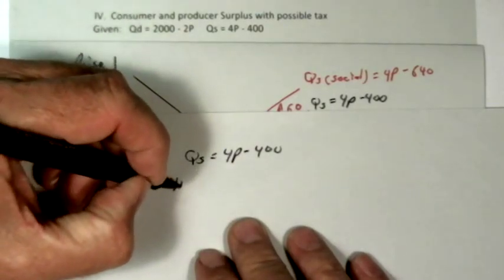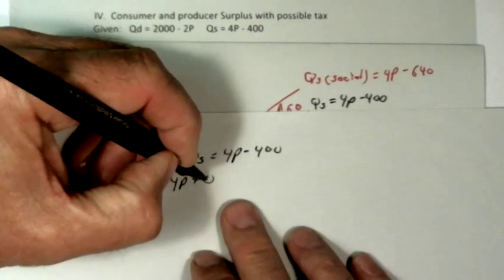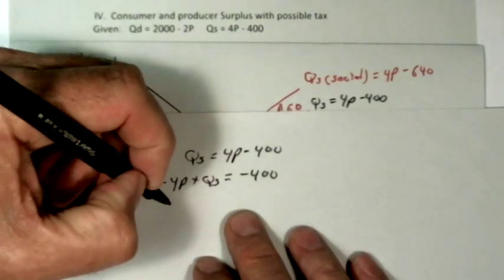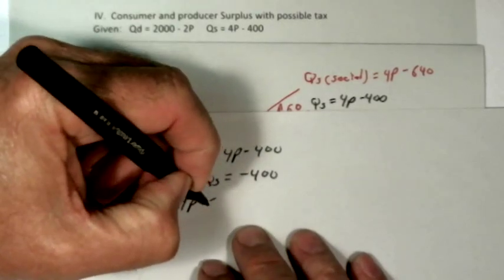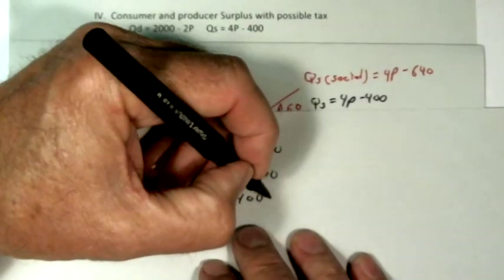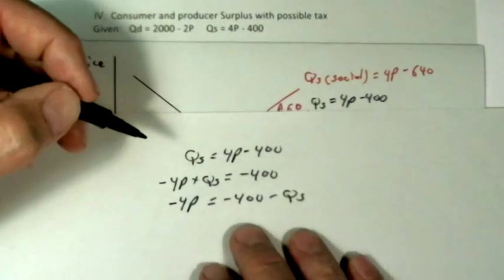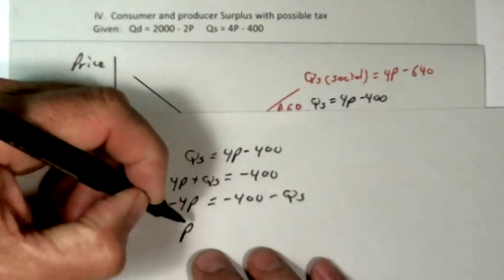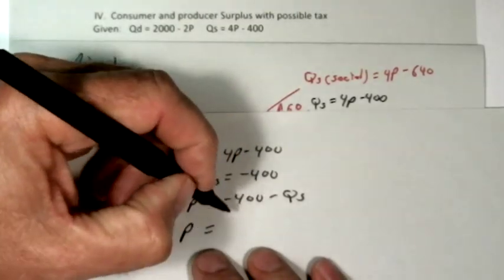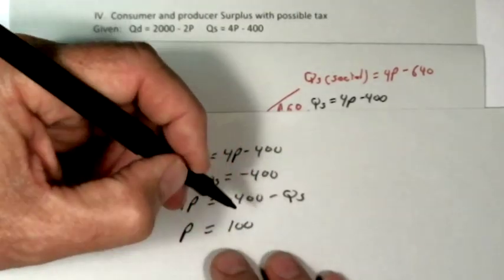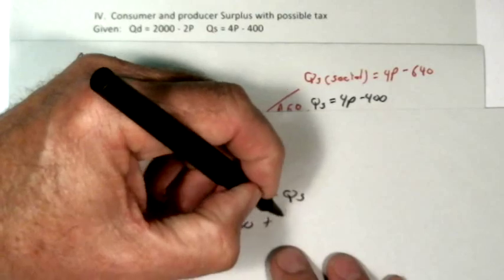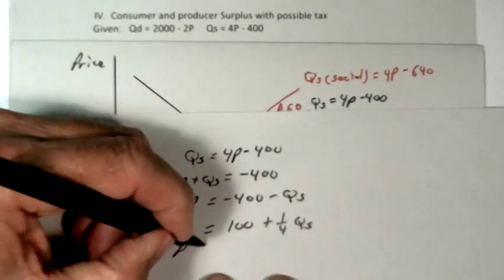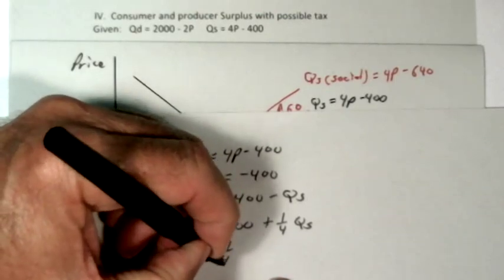So I'm going to subtract 4p from both sides. Now I'm going to subtract QS from both sides to get it on the right side. Now I'm going to divide through by minus 4. Dividing through by minus 4, that minus 4p becomes p, that minus 400 becomes 100, and that minus QS becomes plus 1/4 QS. So this is the way it would be written in a math class.